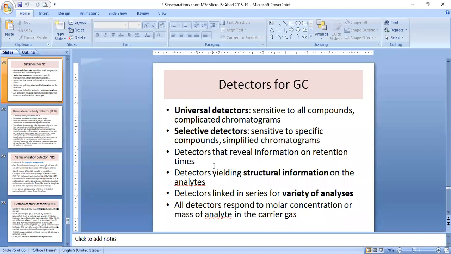For example, as I told you earlier, when we studied mass spectroscopy or infrared spectroscopy, these instruments can be coupled to the chromatographic systems. So, for example, GC-mass spectroscopy will mean that the mass spectroscopic detector is attached to the gas chromatographic system.